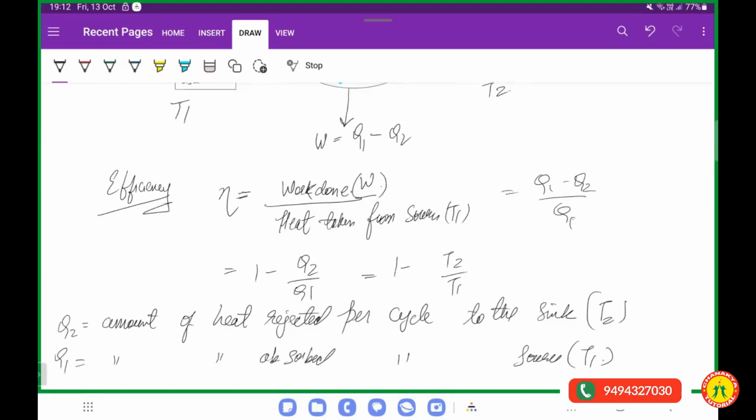Okay, fine. So what's the question here? Can this work done be greater than the heat from source T1? Can this be possible? Think, come on. Can the numerator be greater than the denominator?